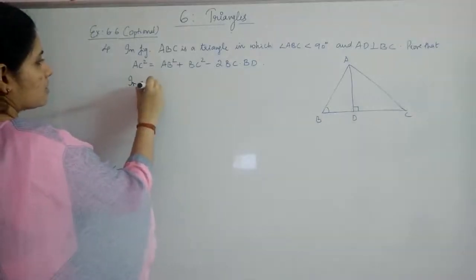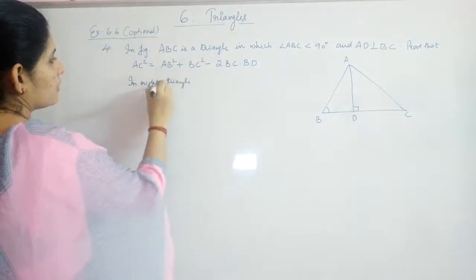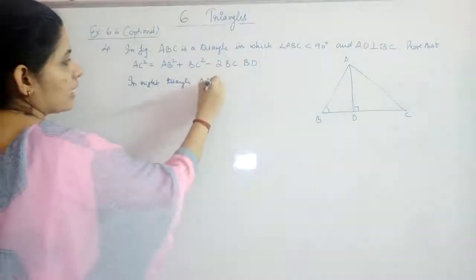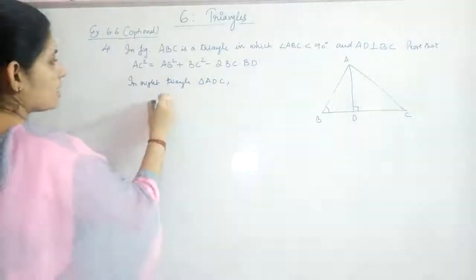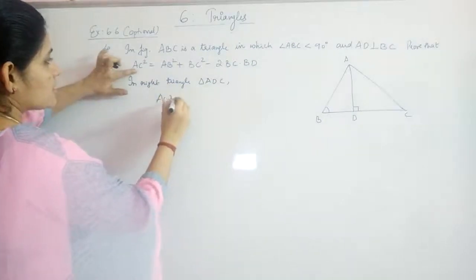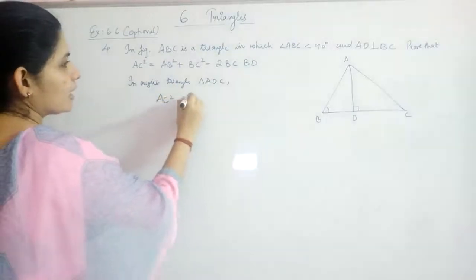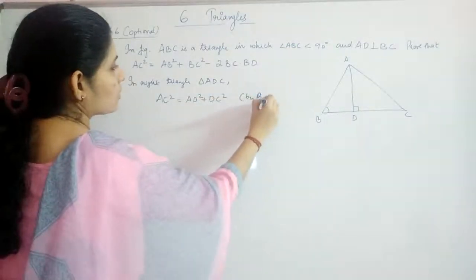So in right triangle ADC, you can apply your Pythagoras theorem so that you will get AC square is equal to AD square plus DC square.